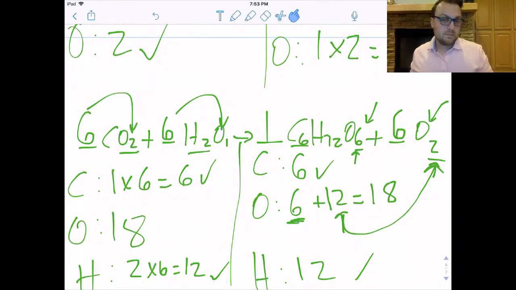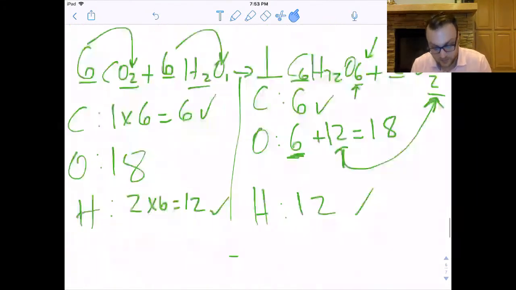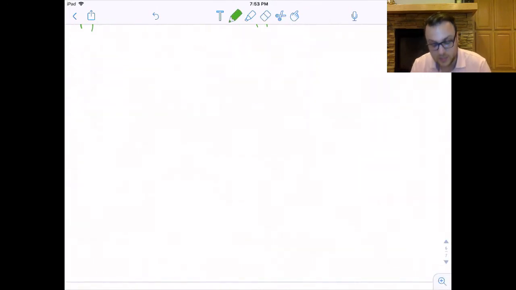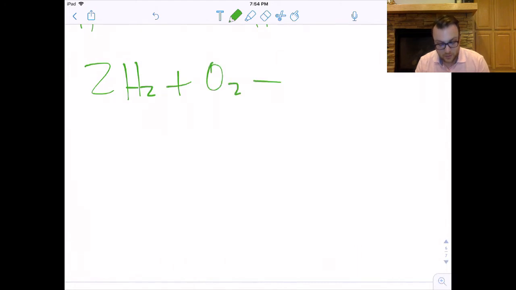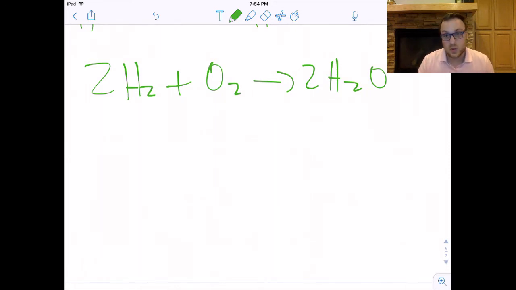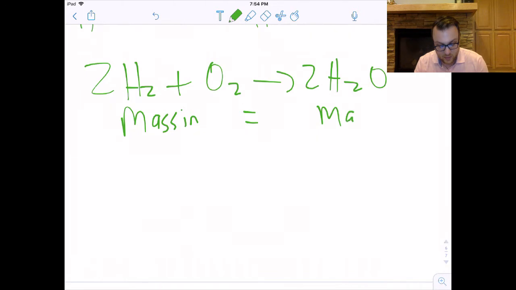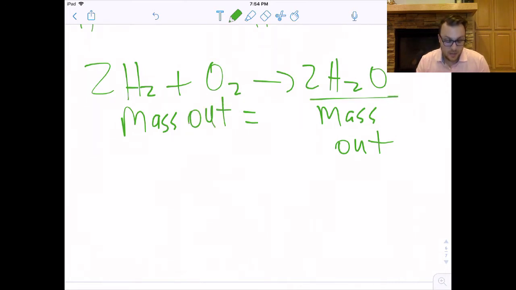All right, other things with chemical reactions. Mass is conserved. So if we take the water equation we just had, we have to conserve our matter, which we do here, and we want to conserve what goes in is the same as what goes out. So that means the mass in has to equal the mass out. What comes out might be a different substance with different properties, but the mass and the types of atoms should be the same.